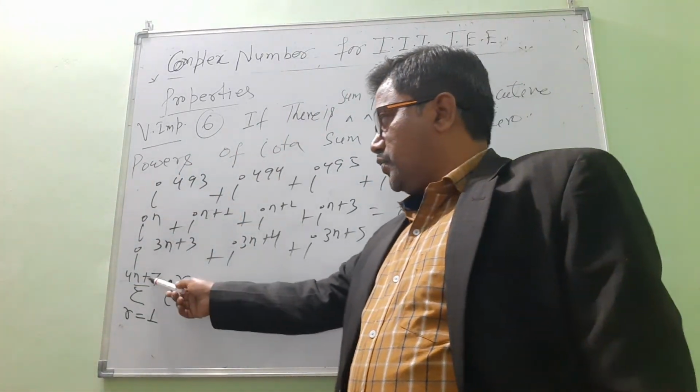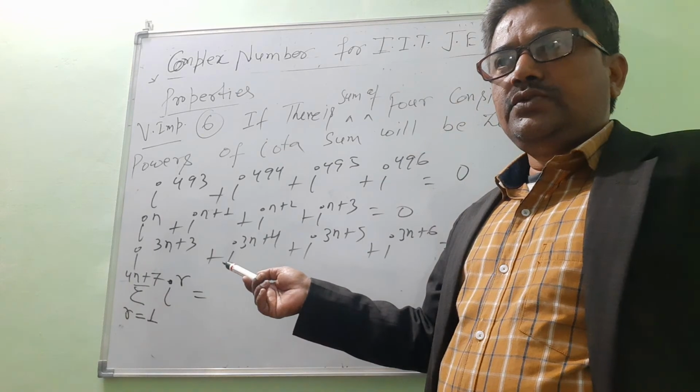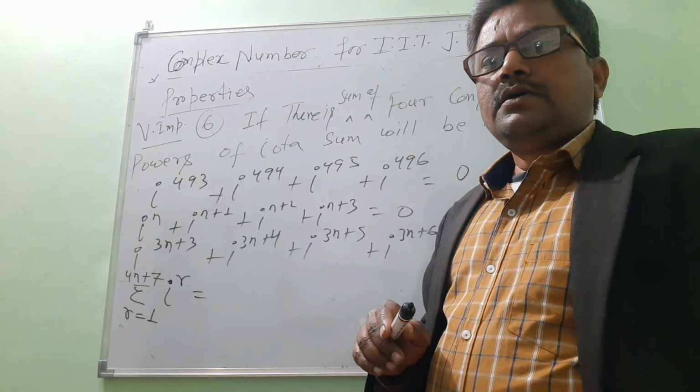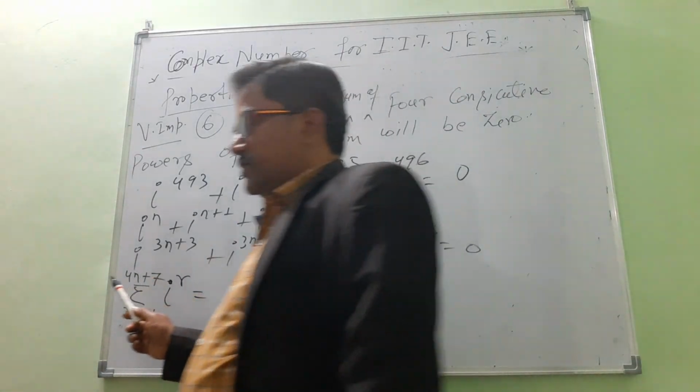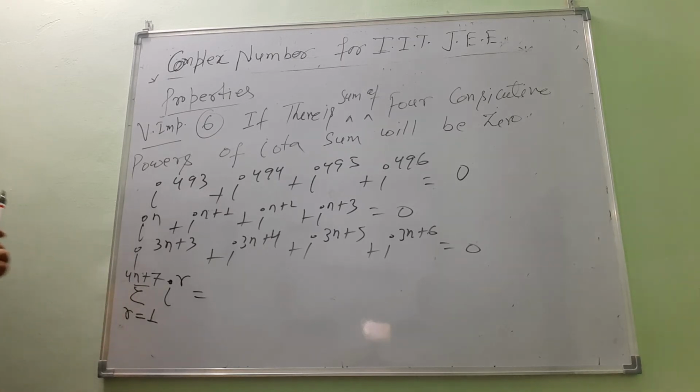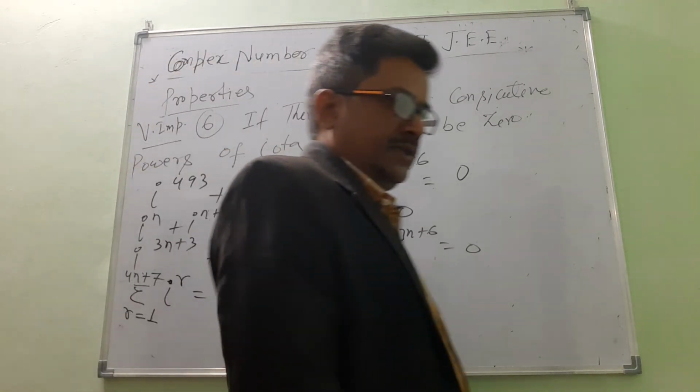If from 1 to 12, then again 0, 1 to 16, then again 0. If the above number is a multiple of 4, like 4, 8, 12, 16, 20, 24, then sum will be 0. Okay, got this point?